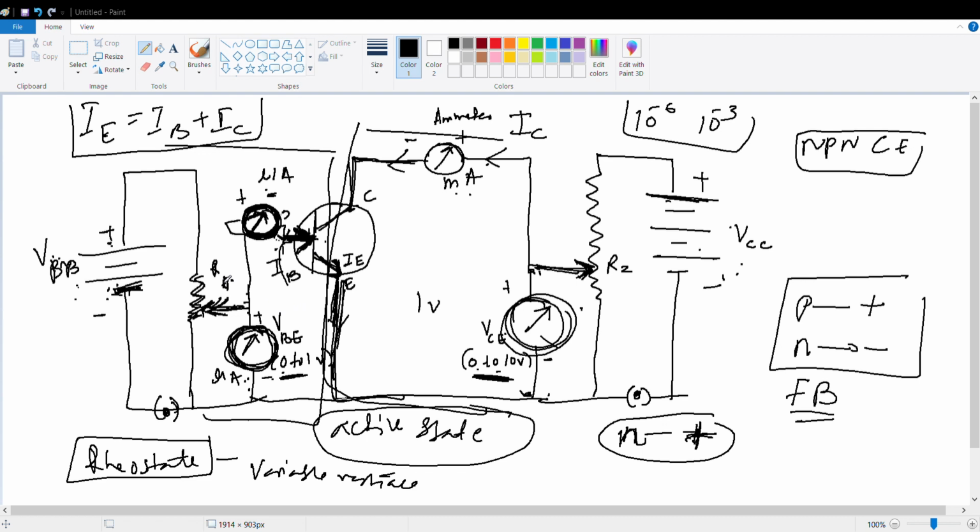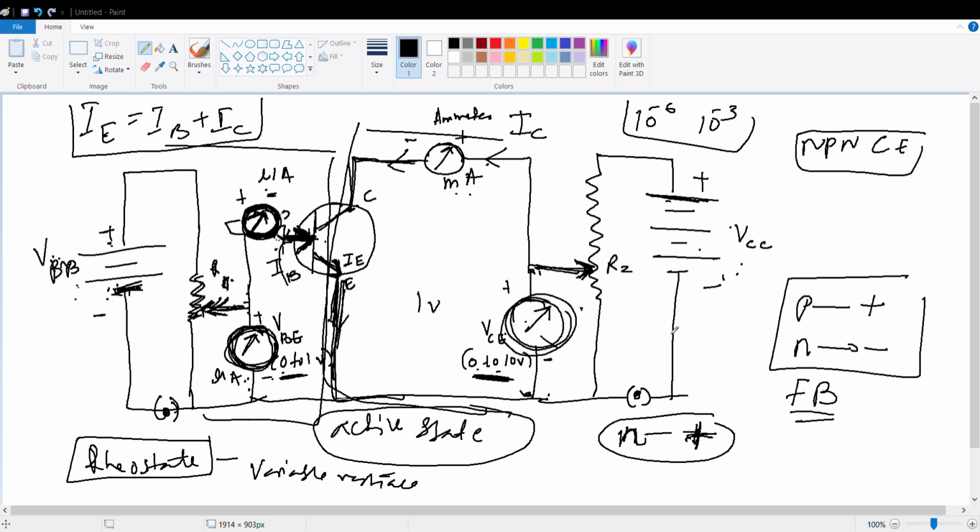Now what you do? You go here and change the rheostat here. Change the R2. When you change R2, what will happen? Your VCE will change. Yes or no? Yes, sir. And because your VCE will change, IC is what? VCE by R2.